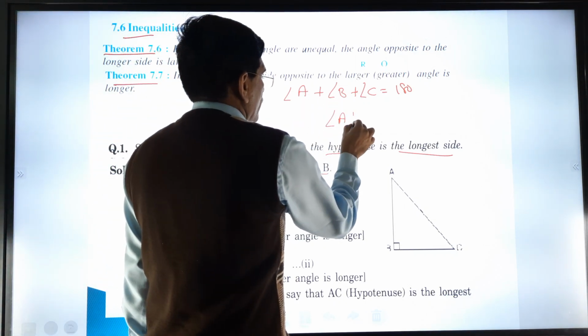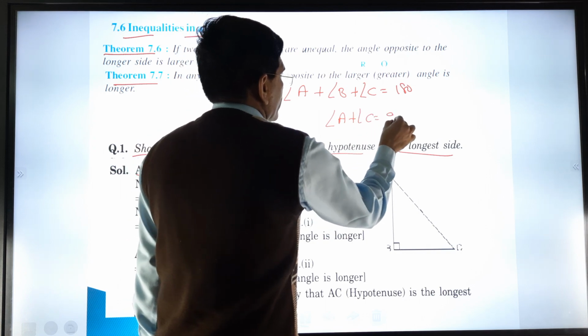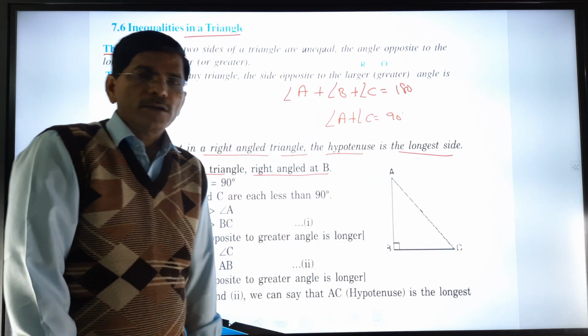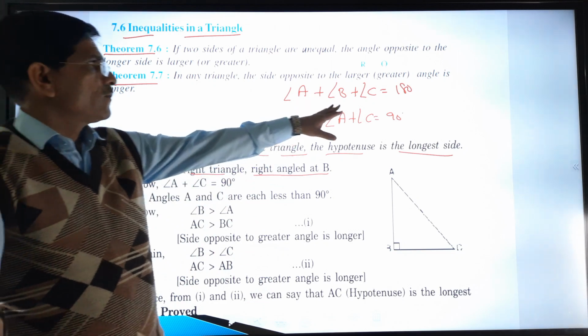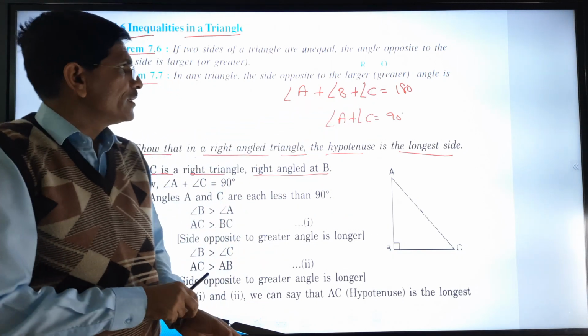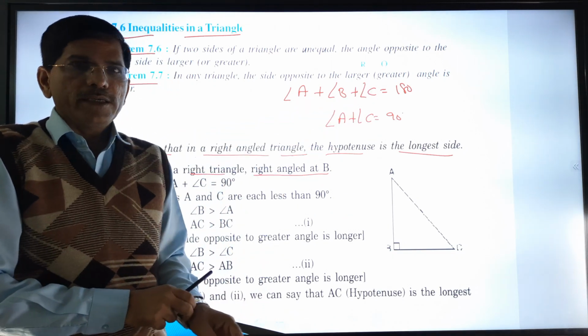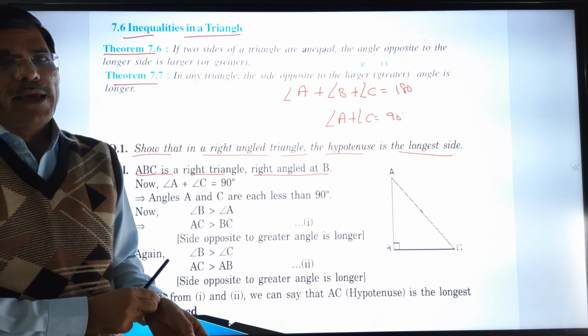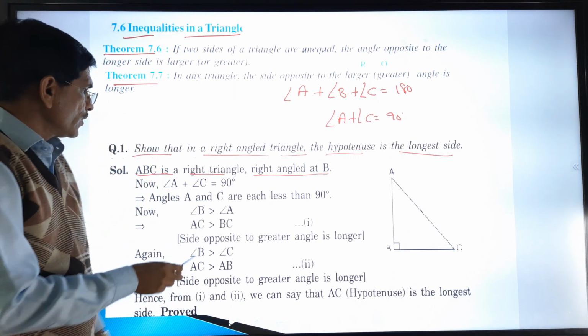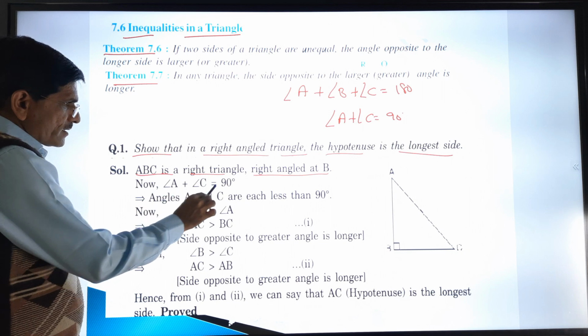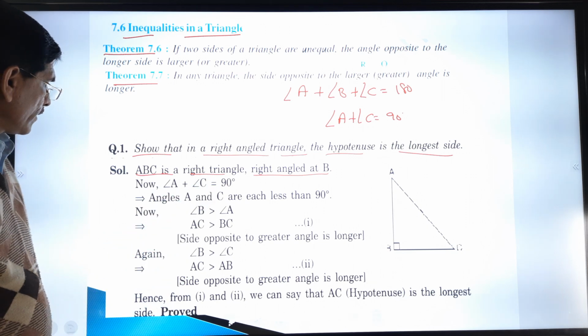Therefore, angle A plus angle C is equal to 90. Is it clear or not? Sum of angles of a triangle is 180. Out of it, sum of two angles is 90 because angle B is 90 degrees. So now A plus C is equal to 90 degrees.